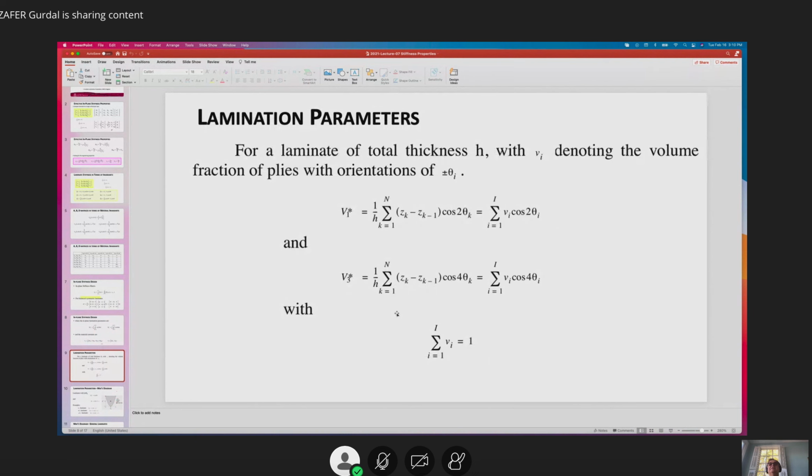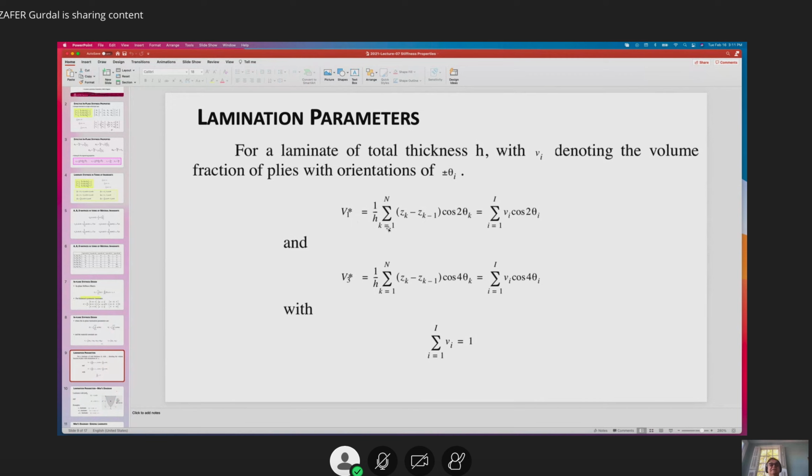If this is the case, we can replace those integrals with summation and perform the integration for each layer. Since they're constant within that layer, they come out as constant cosine 2 theta k.